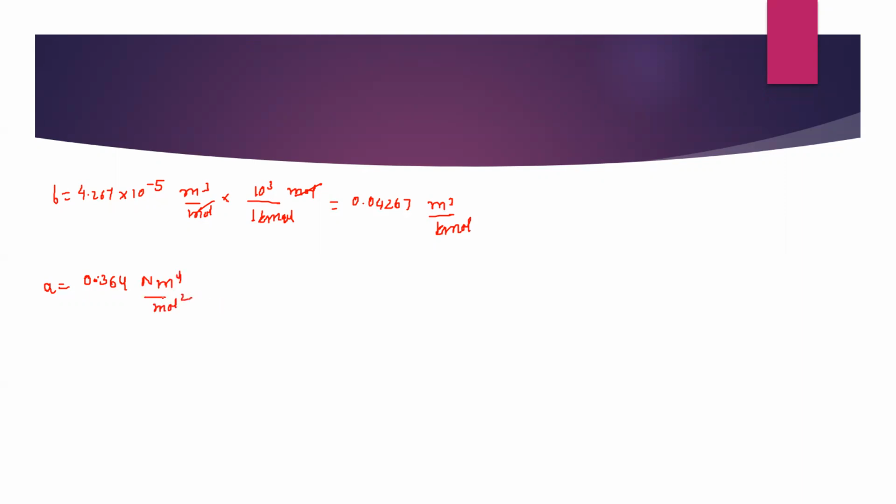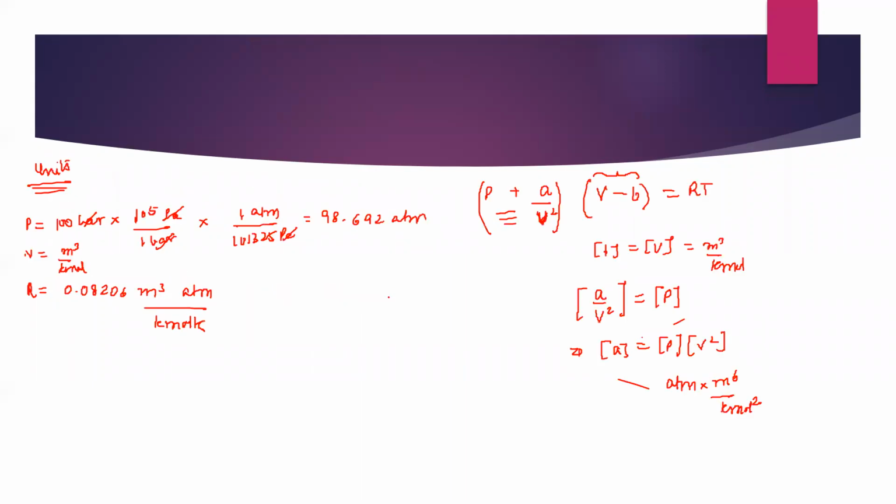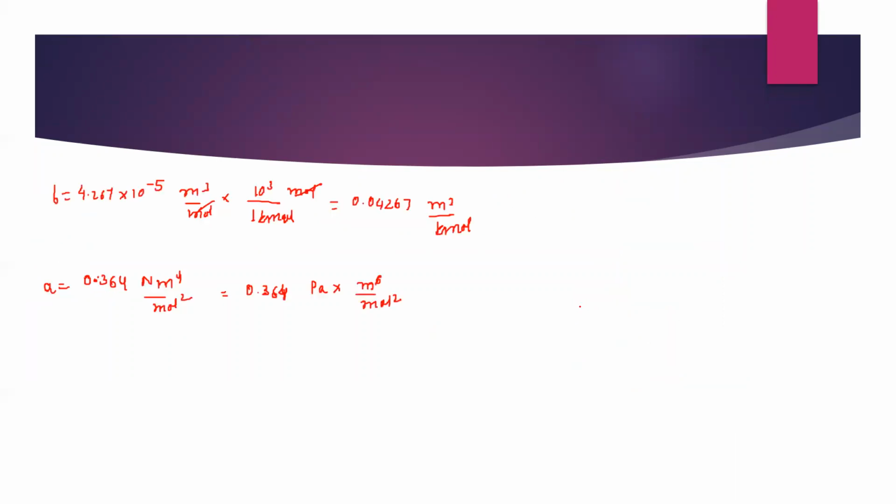First let's convert it into Pascal times volume square by mole square. So 0.364 Newton per meter square, which is Pascal, into meter to the power 6 per mole square, when we multiply and divide by meter square. Now we only need ATM and kilomole square. For ATM, we convert Pascal to ATM: 1 ATM upon 101325 Pascal.